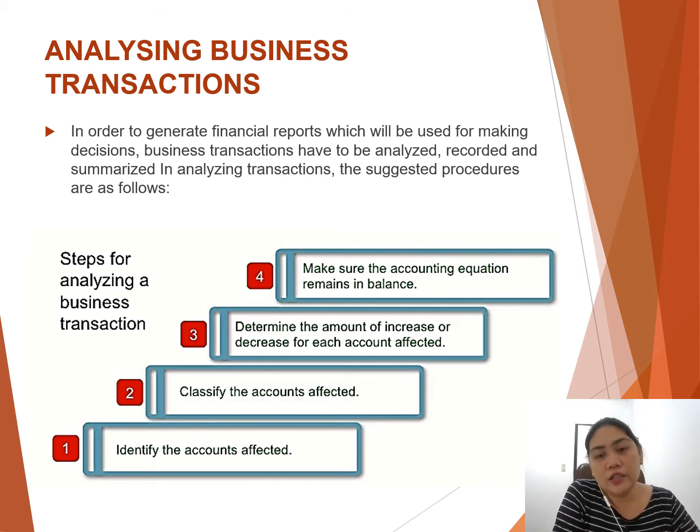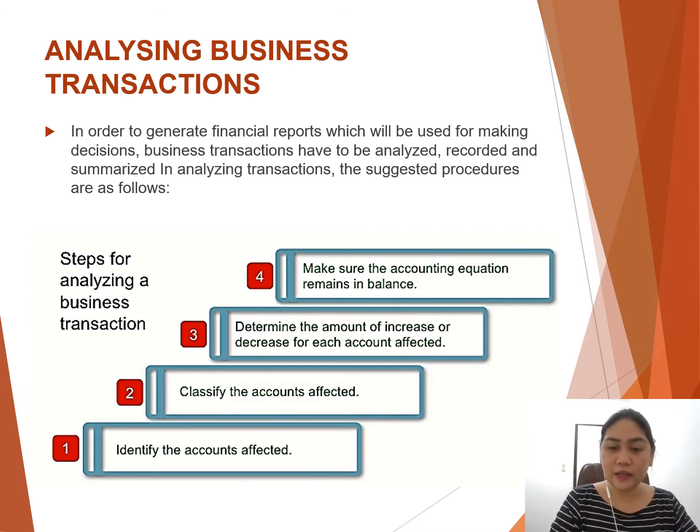Now, there are suggested procedures on how you should analyze business transaction. And these are the following. The first one is identify the accounts affected. So maybe we can change that. It should be identify the elements affected. When we say elements, na-discuss na natin yan sa module 1, di ba?